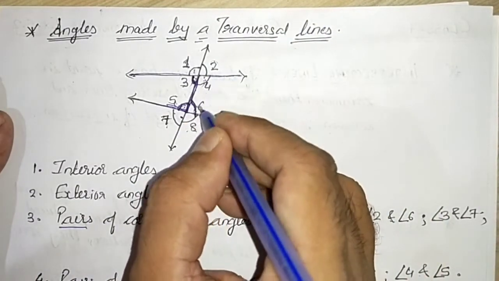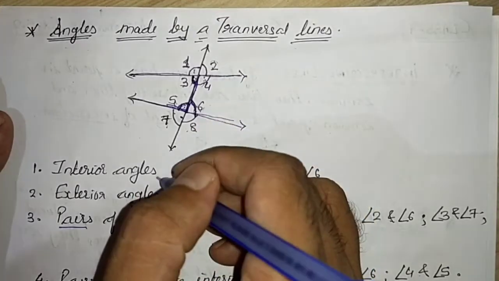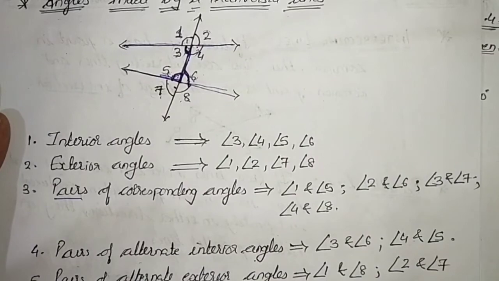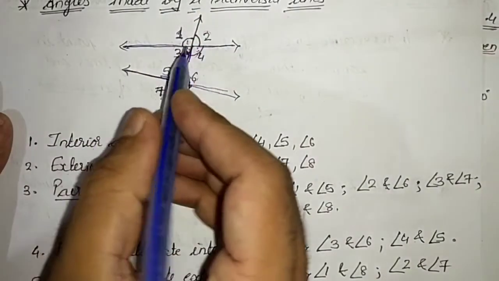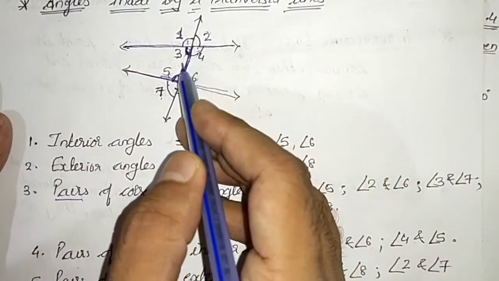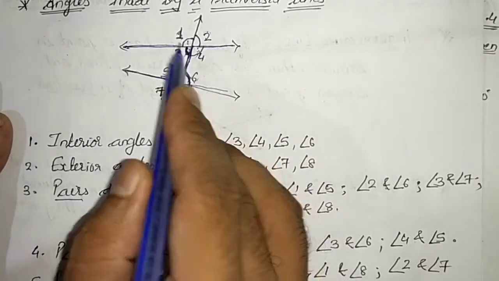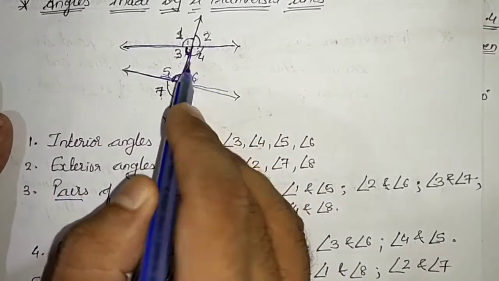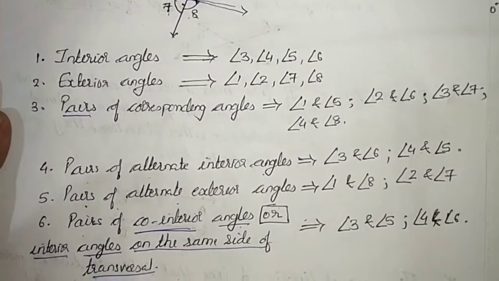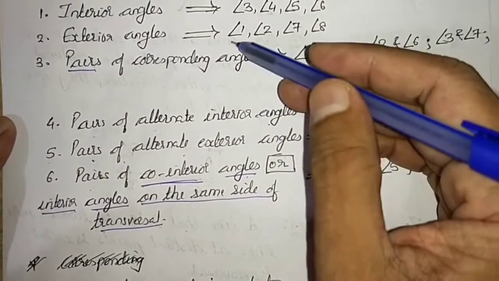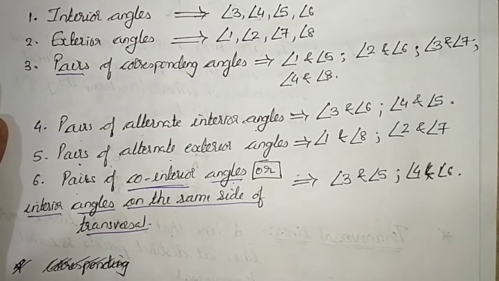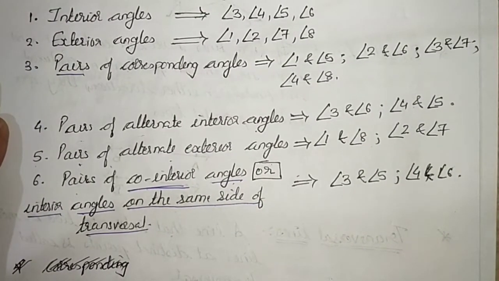So they are called co-interior angles. 4 and 6 are co-interior angles. 3 and 5 are co-interior angles. This is on the LHS and these two are on the RHS. So please remember these 6 names which will be useful in further explanation also.